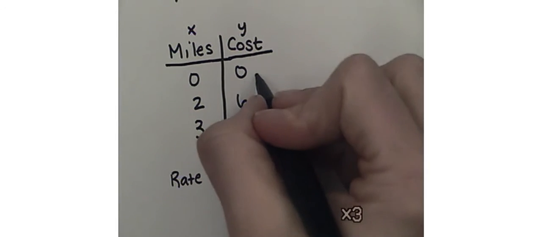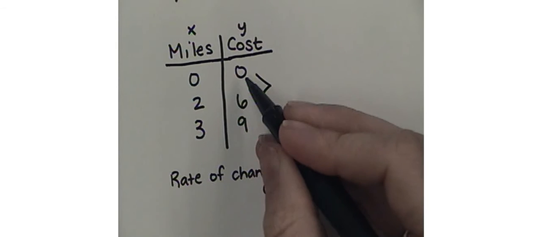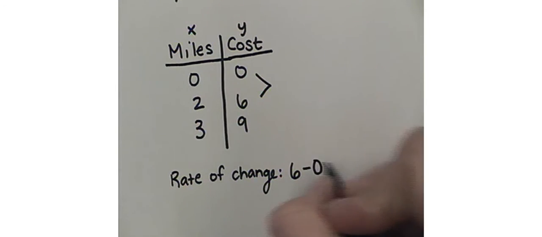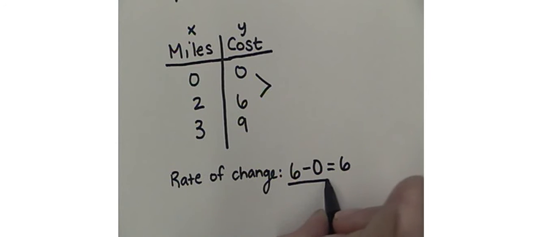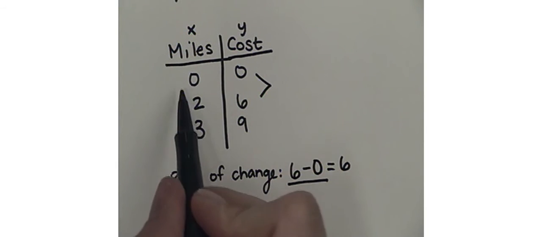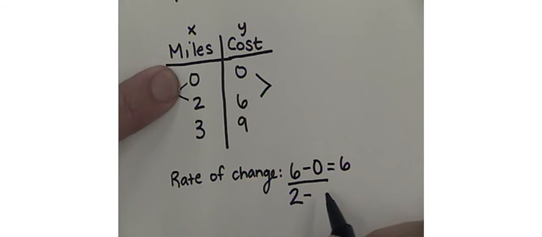So what are we changing by here? So our y2 minus our y1. So 6 minus 0 is 6, divided by, let's figure out our change in x, our change in miles. So from here to here, our second one, which is 2, minus the first one, which is 0. 2 minus 0 is 2.